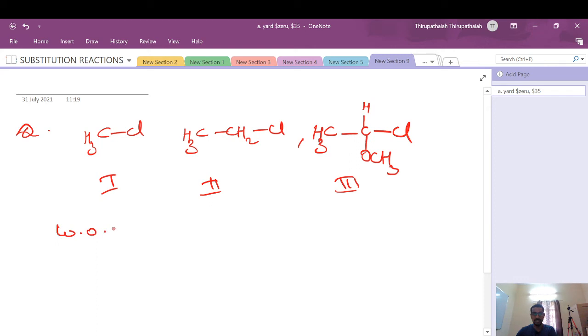Which of the following is more reactive? You have to answer this question in the comment section. And I will give you one hint. The molecule which forms a stable carbocation after the leaving group leaves the substrate will react more quickly in an SN1 reaction.